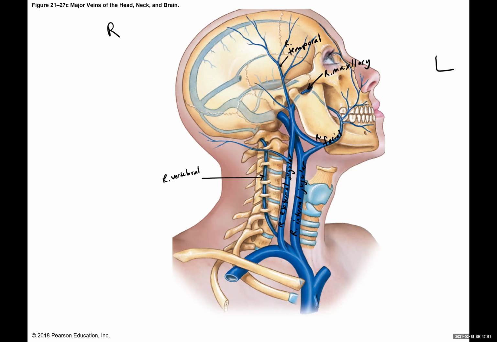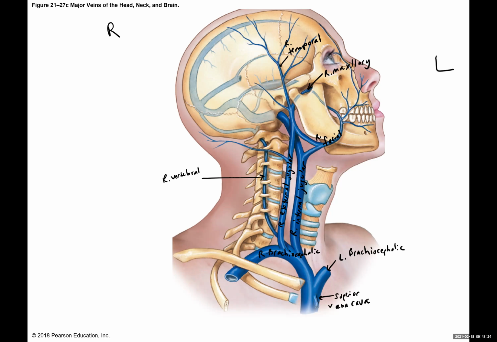And we see that the right vertebral vein, the right external jugular, the right internal jugular are all feeding into the right brachiocephalic vein, which we labeled on our previous video. So over here, just to be clear, this would be a cut piece of the left brachiocephalic vein. And that's, of course, feeding into our superior vena cava, which is, of course, feeding into the right side of the heart.